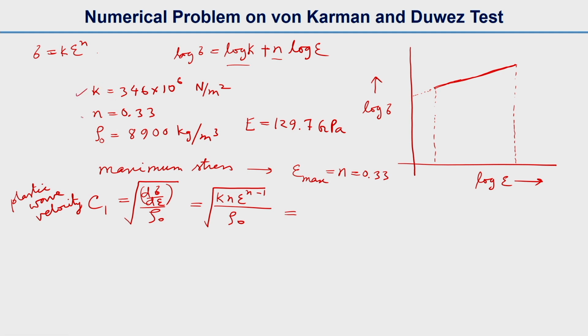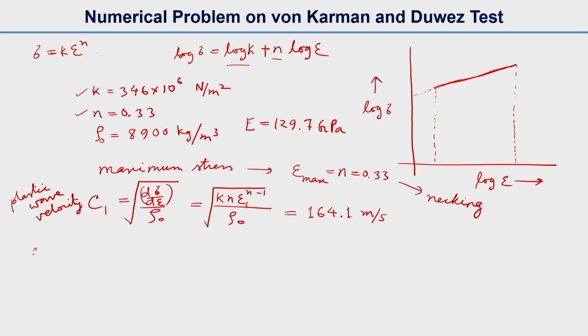We have k, we have n, and epsilon 1, the maximum, we can take equal to the hardening coefficient n, because this is at necking, so maximum strain corresponds to the necking instability. If we do all these calculations, this gives us 164.1 meter per second. That's the plastic wave velocity.